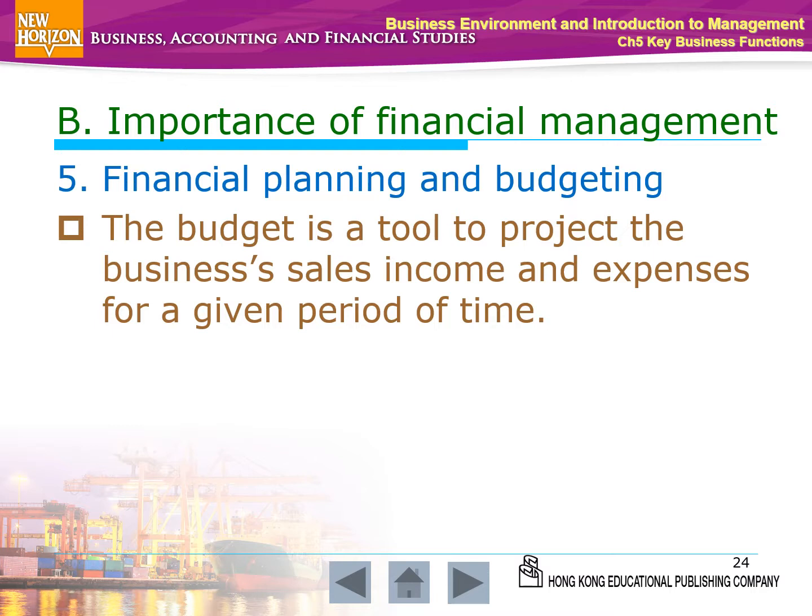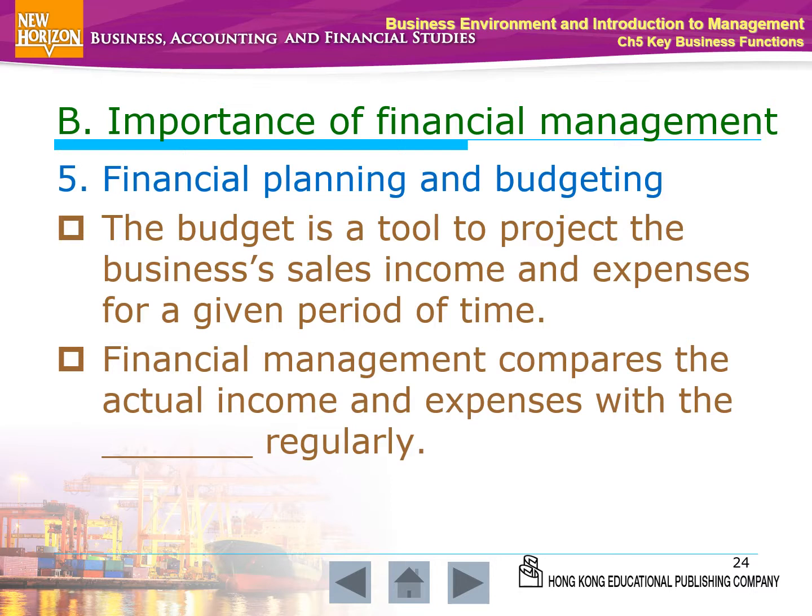Of course, in order to get sales, you have to incur expenses or costs. So you have to plan beforehand the expenses and sales to see if the business will get gross profit and net profit in the next year.